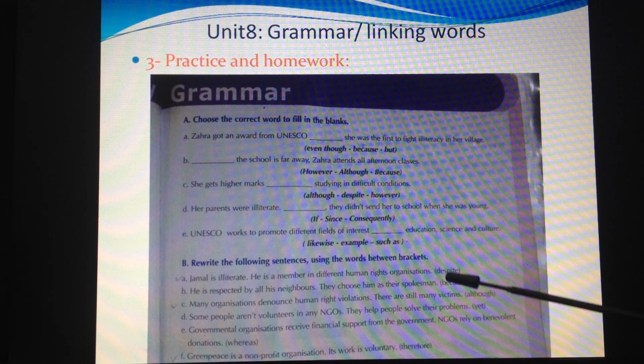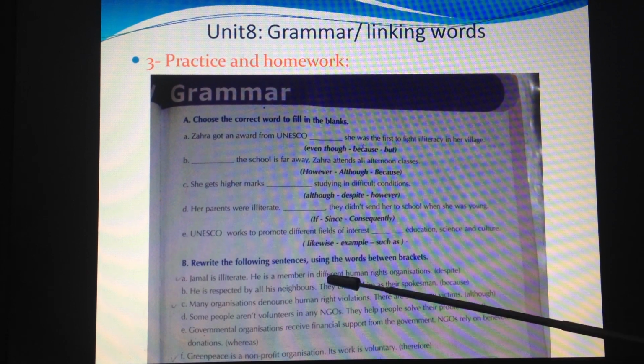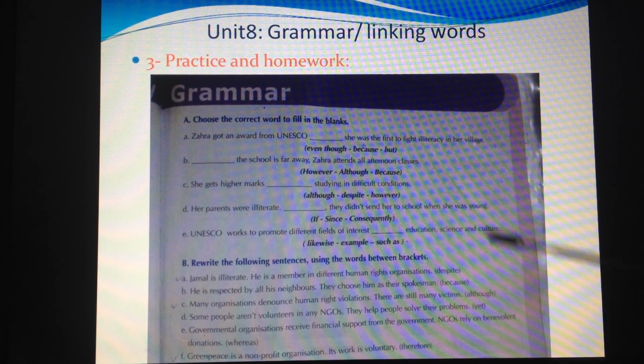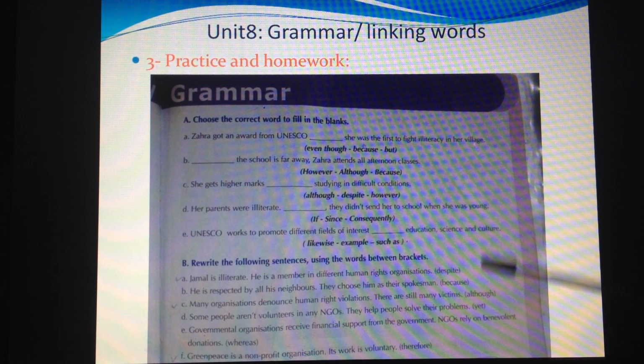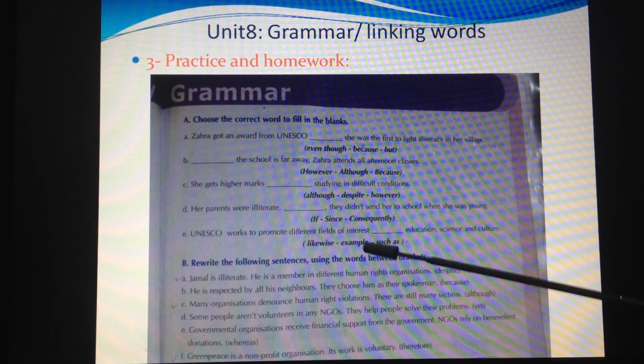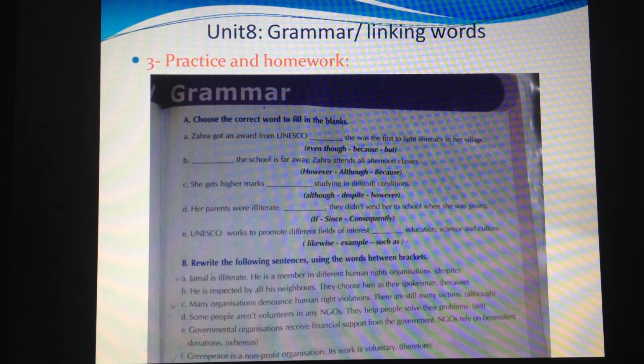Are you going to use despite with a noun or with a verb, an ing, gerund form, or between the two sentences? So remember, always start with reading the sentence, decide on the function and the form. The function and the form, okay?